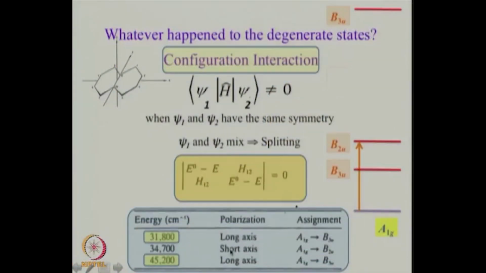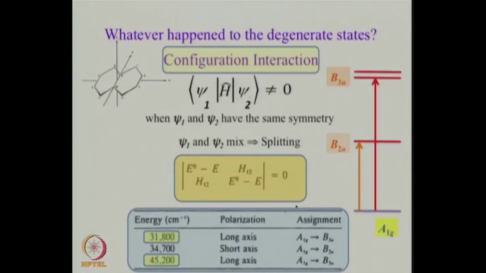This short axis polarized transition of 34,700, that has got nothing to do with configuration interaction, right. We know what the expected value of its energy is in terms of beta, right. What is that energy? 1.236.